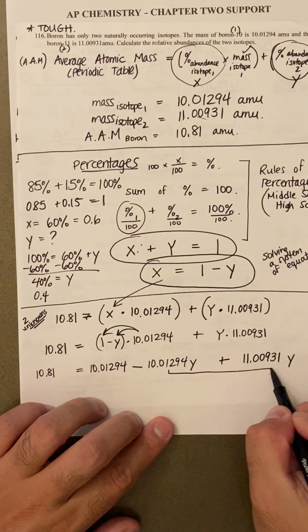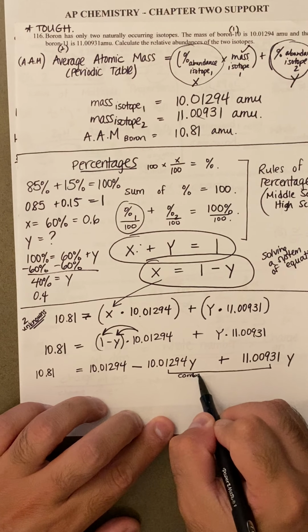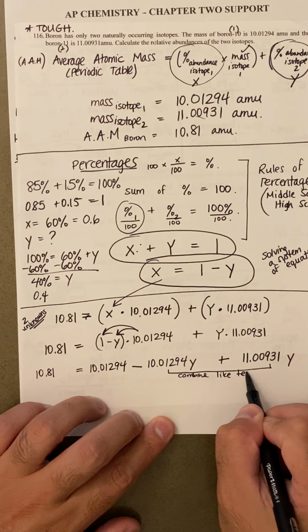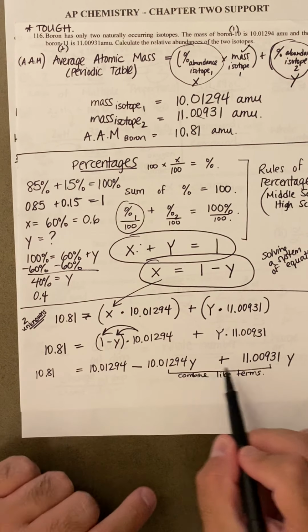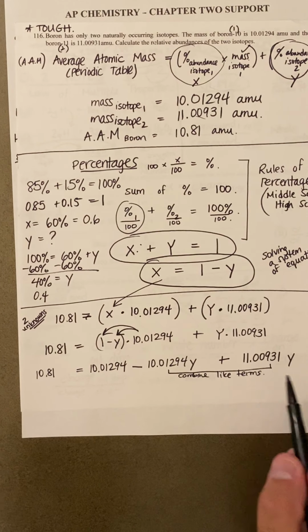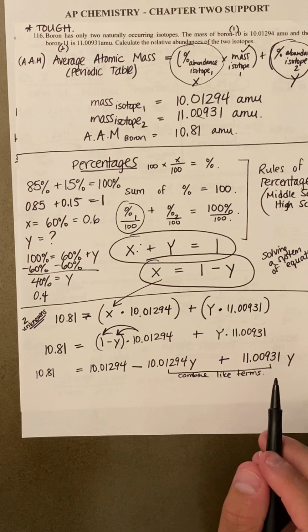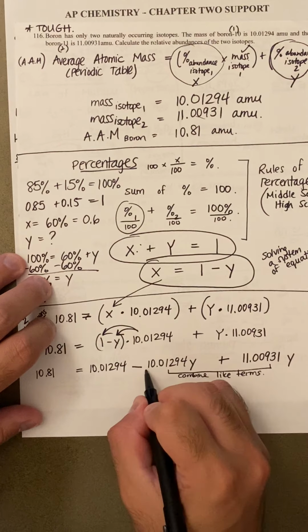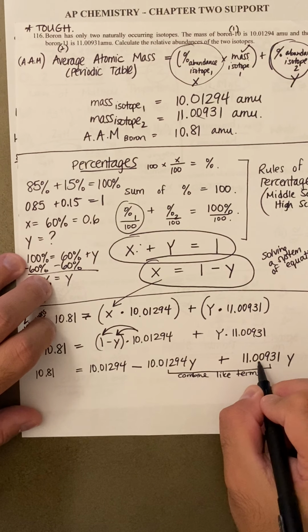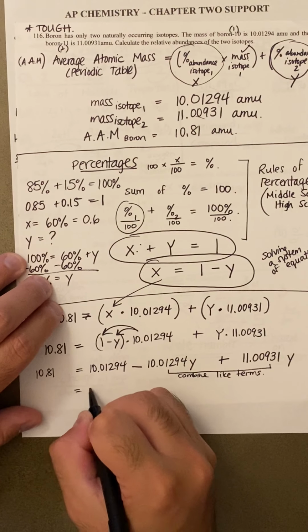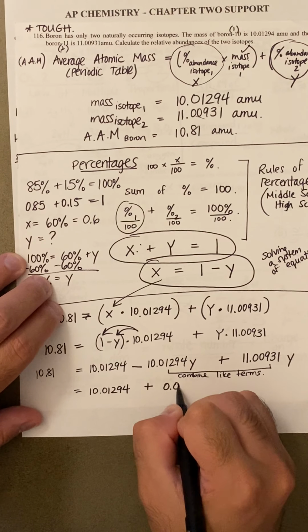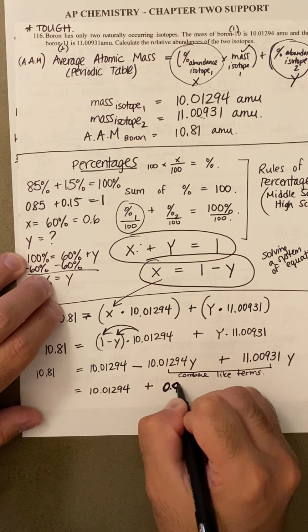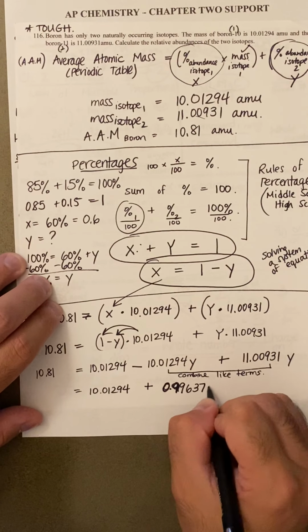Now I'm going to combine like terms here. I'm going to have negative 10.01294y plus 11.00931y, and if I combine these two, it becomes 0.99637y.